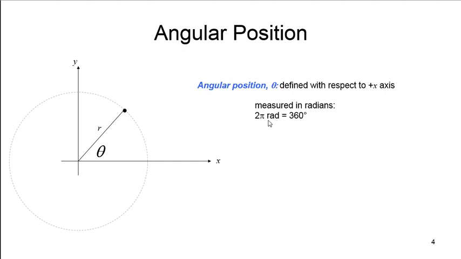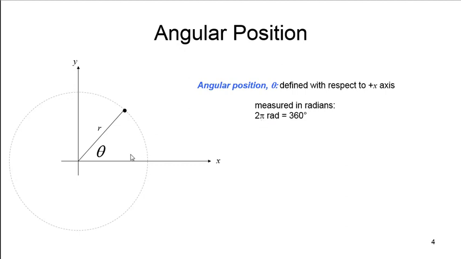Just to help you convert, because we're used to thinking in terms of degrees, a full circle has 360 degrees, and that's the same as 2 pi radians. A radian is really just cutting up how far around you need to go to make a complete circle, chopping that up into individual radians.